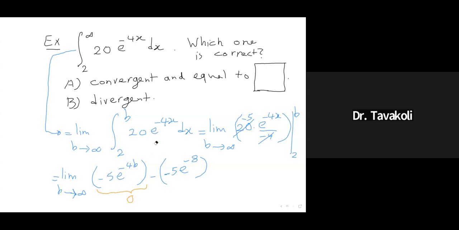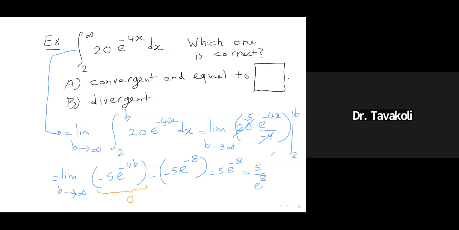What about the rest of this expression? Minus minus 5 is plus 5 times e to the power of minus 8. We try to avoid negative exponents in our final answer, so I need to move e to the minus 8 to the denominator. So this becomes 5 over e to the 8.